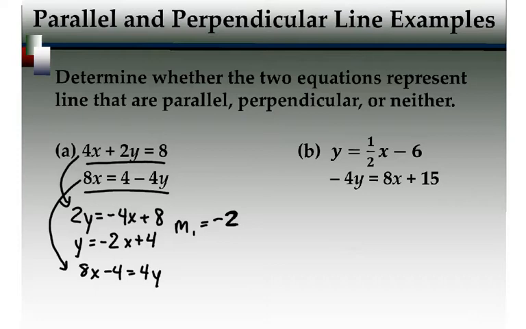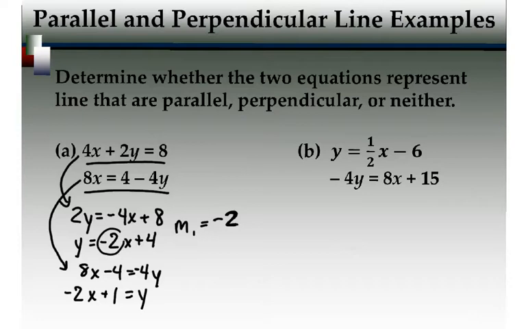And then divide everything by 4, we get negative 2x minus 1. Oops, that's supposed to be a negative. Plus 1 equals y.